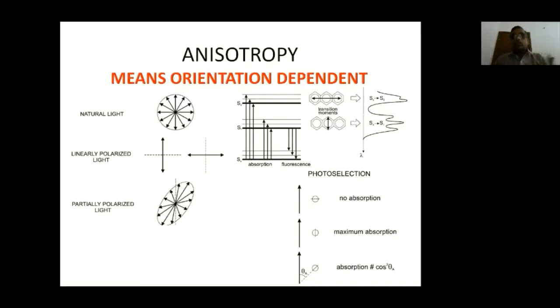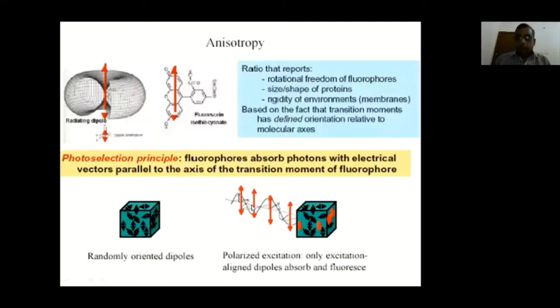There is a selection. This is called the photoselection rule of orientation. This can be summarized here. Photoselection rule: fluorophores absorb photons with electric vectors parallel to the axis of the transition moment of the fluorophore. This is the basis.